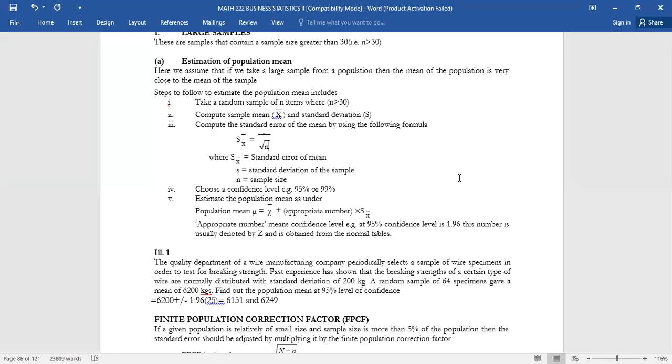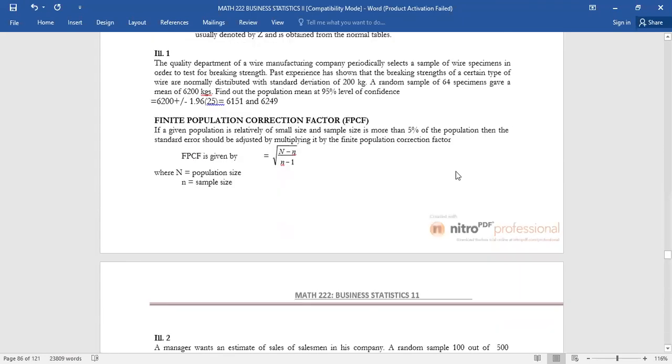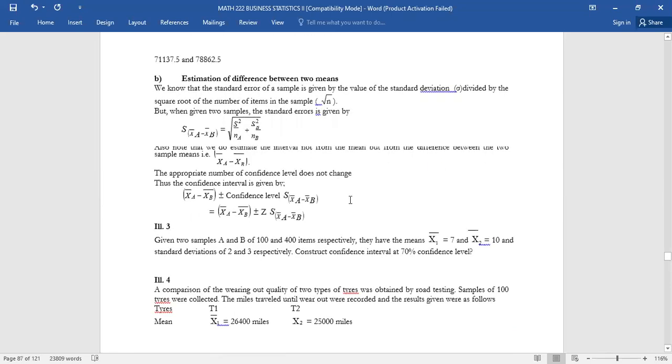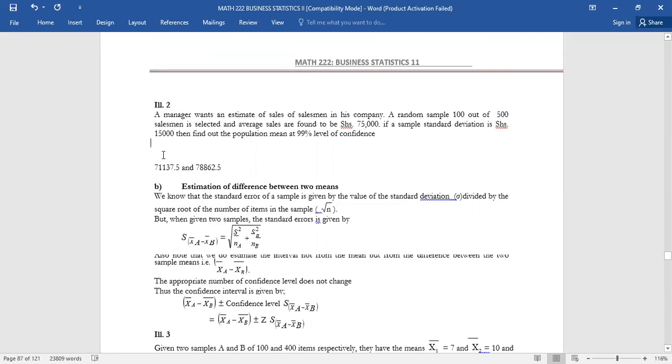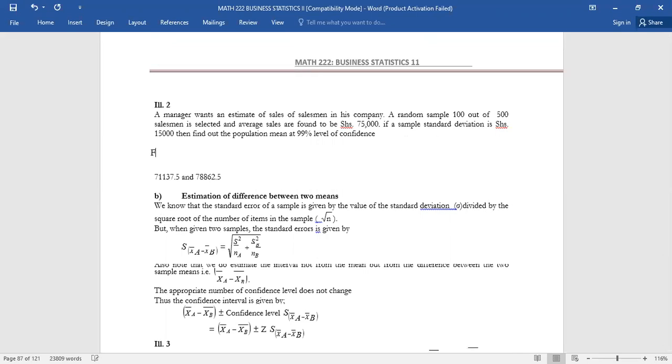I want us to multiply our estimator by the factor at this point. Our factor will be the square root of 500 minus 100, that is 400, over 499, isn't it? What do we get? We get 0.8.